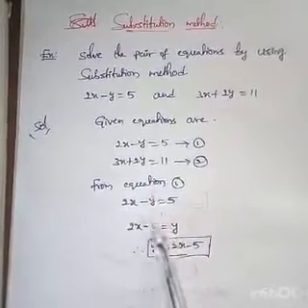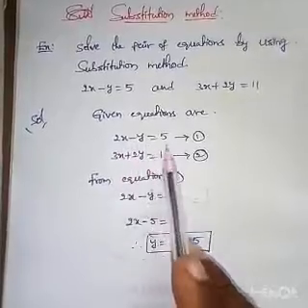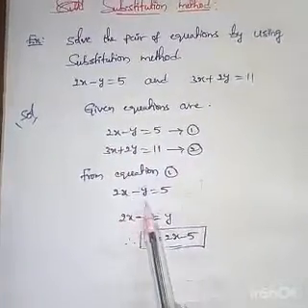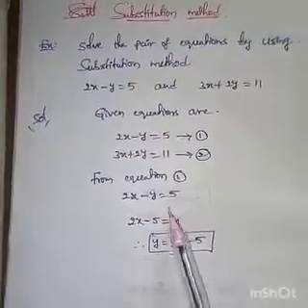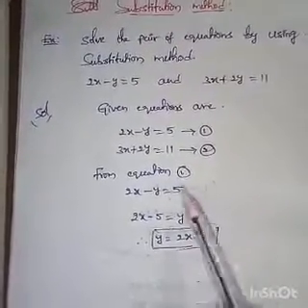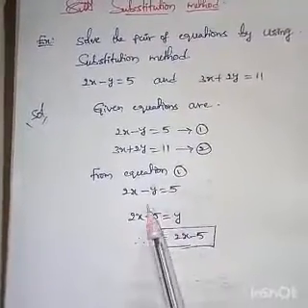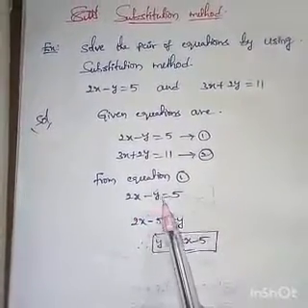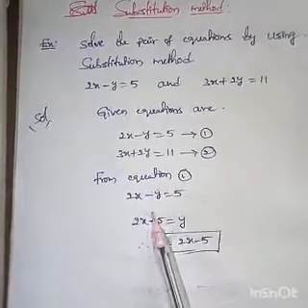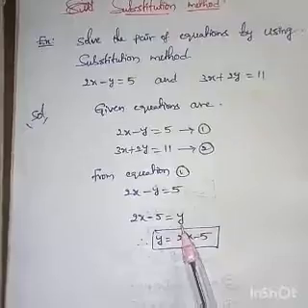What is equation 1 here? From equation 1, 2x minus y equal to 5. Here I want to calculate the y value in terms of the x value. That's why I am transposing some values here. 2x minus y equal to 5. Here I transpose the minus y, so it becomes plus y.